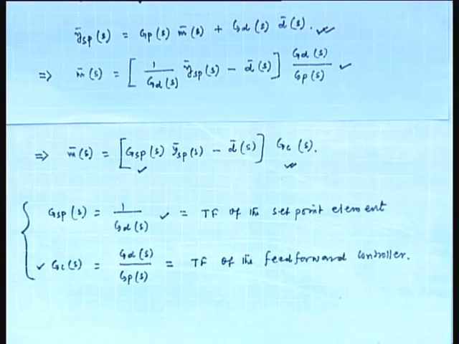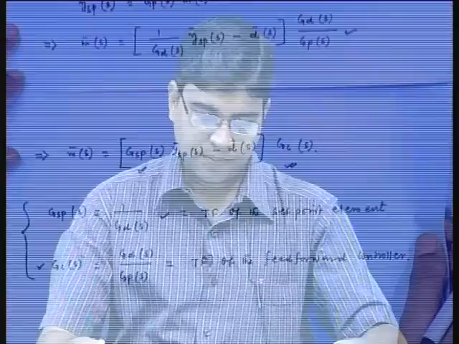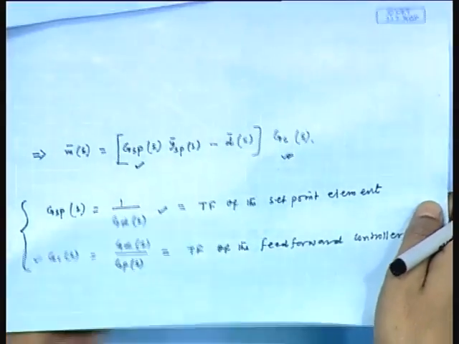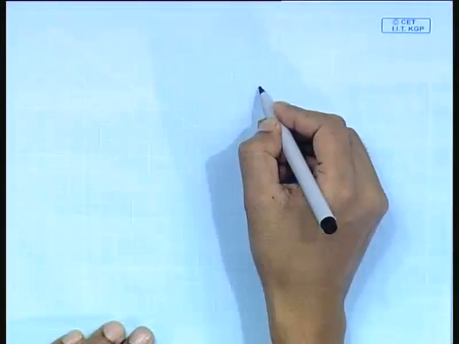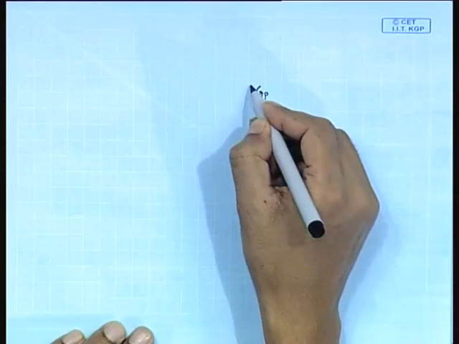In the next we will develop the block diagram of this feed forward control scheme. First we will draw the open loop process.